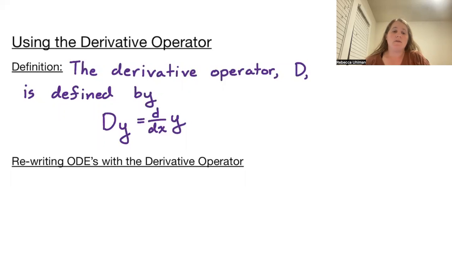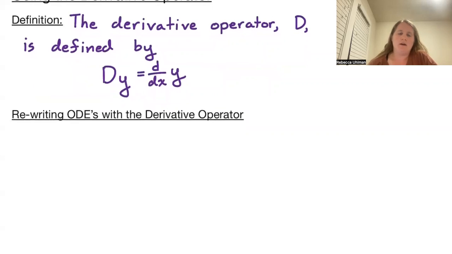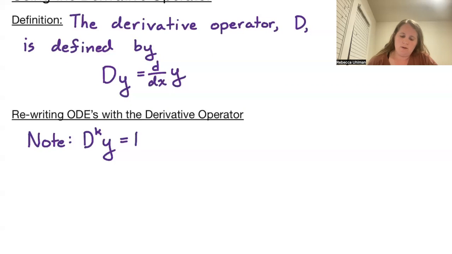It turns out we can actually rewrite ODEs with the derivative operator. In order to do this, we need to use a quick fact. Just note that if we want to take D to the k y, this just means that we are applying D k times in a row on y.